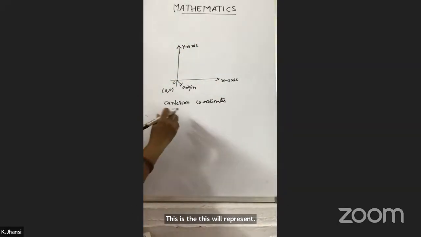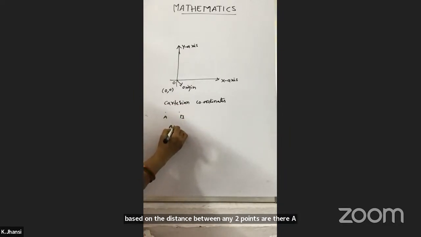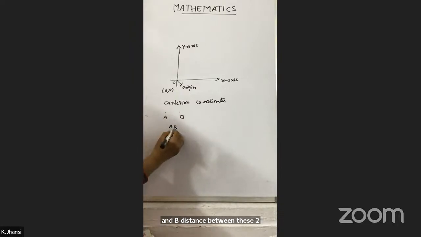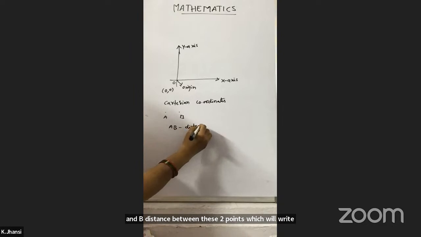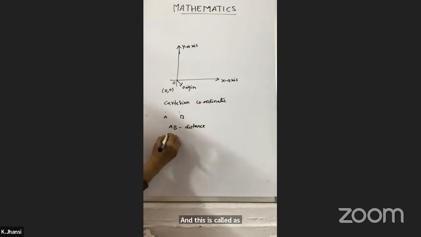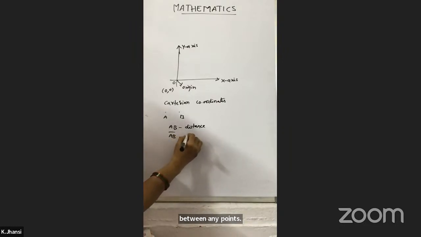So here even the topics will be based on the distance between any 2 points. If A and B are any 2 points, the distance between these 2 points we'll write as AB, and this is called the distance. If we have one line between them, it is called a line segment.